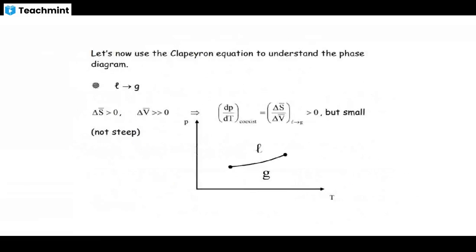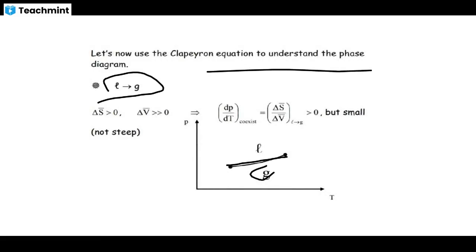Now let's use the Clapeyron equation to understand the phase diagram. Take the phase change from liquid to gas. The entropy change is greater than zero and the volume change is also greater than zero, because the disorderliness increases.